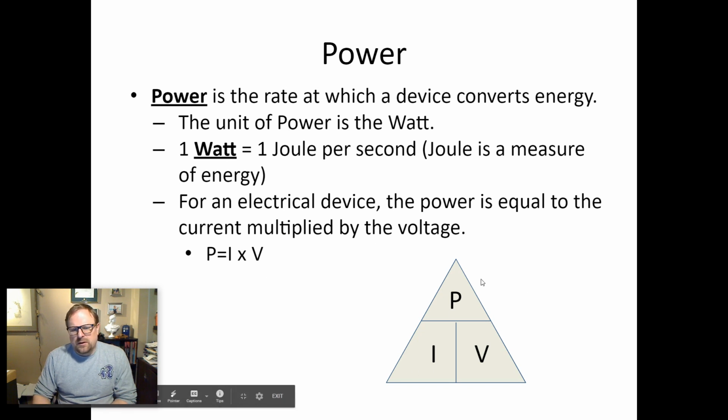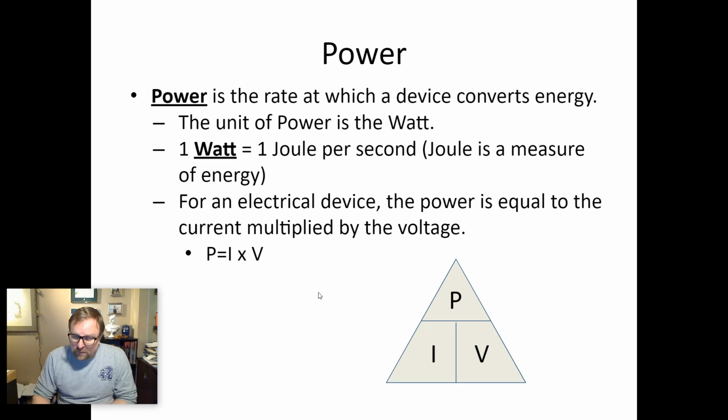I gave you a little triangle again, even though I'm not a big fan of triangles. We're going to use it anyway, just to keep things simple. So P is equal to I times V. If we multiply current, which is measured in amps, by voltage, which is measured in volts, then we should end up with the power that the device works through.